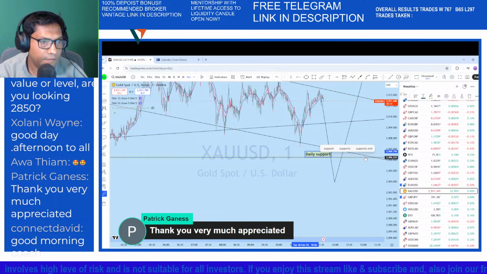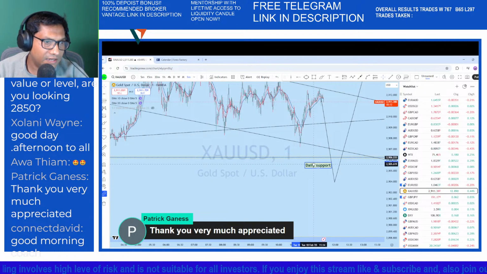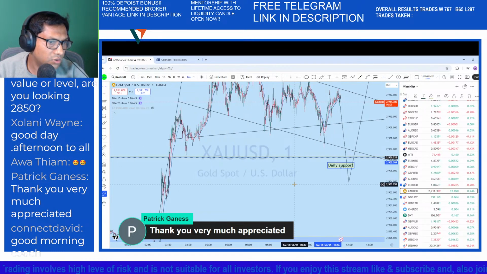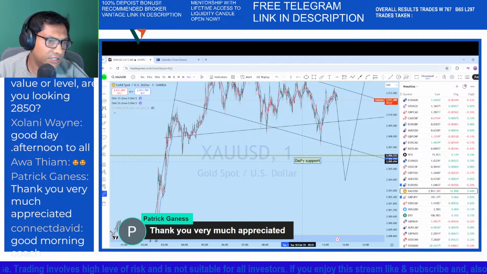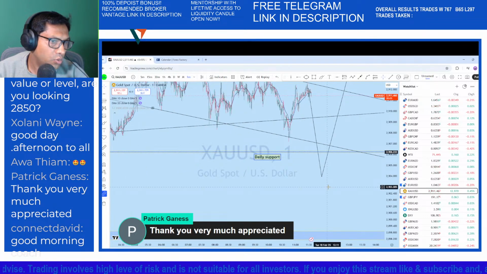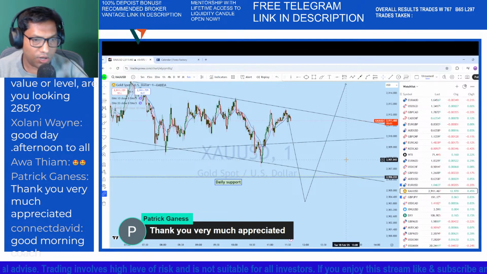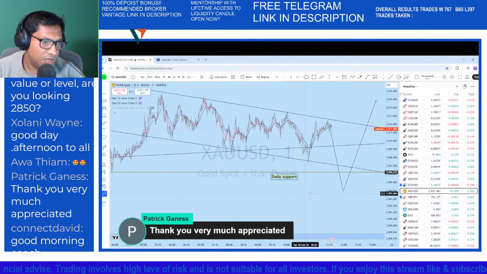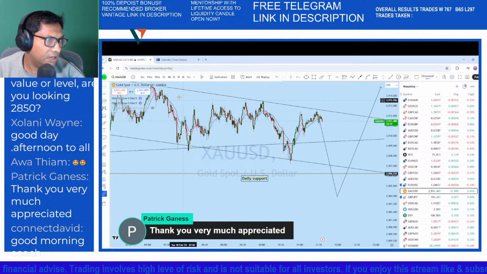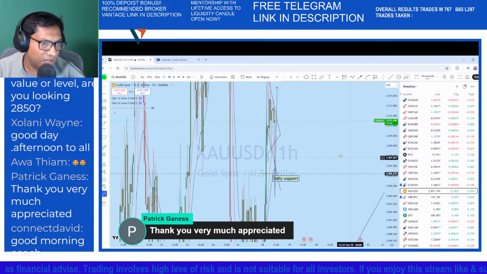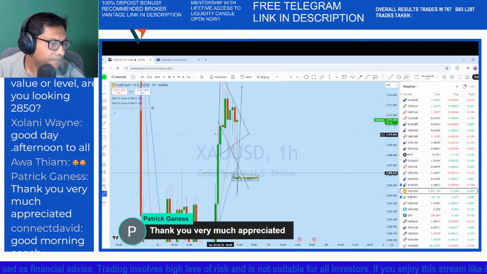Daily support here. And from that daily support, we will be looking for potential entry after price action confirmation. Let's see how far it might be going.